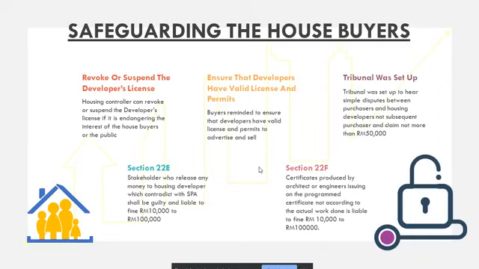So dia kena denda on the lawyer or the engineer lah dalam melepaskan duit ataupun mengiktiraf sertifikat tersebut. So kalau dia orang buat salah, akan dikenakan denda lah 10,000 hingga 100,000 lah. Ini adalah untuk protect the house buyer lah.